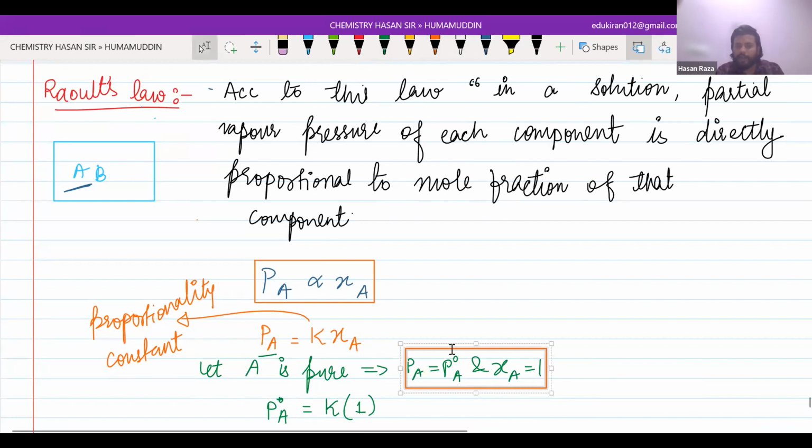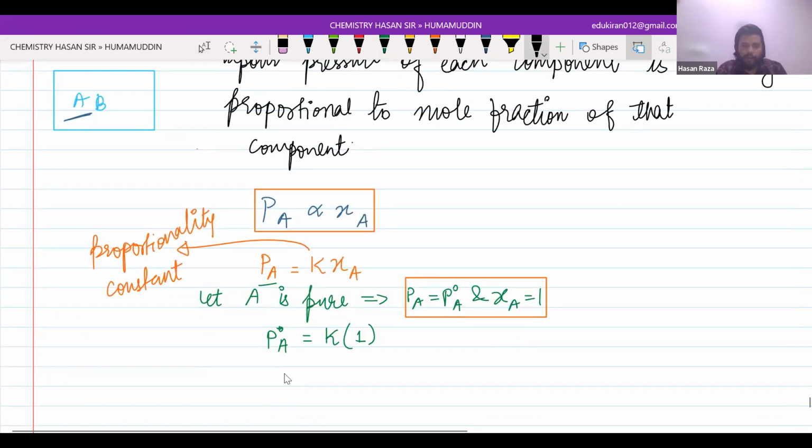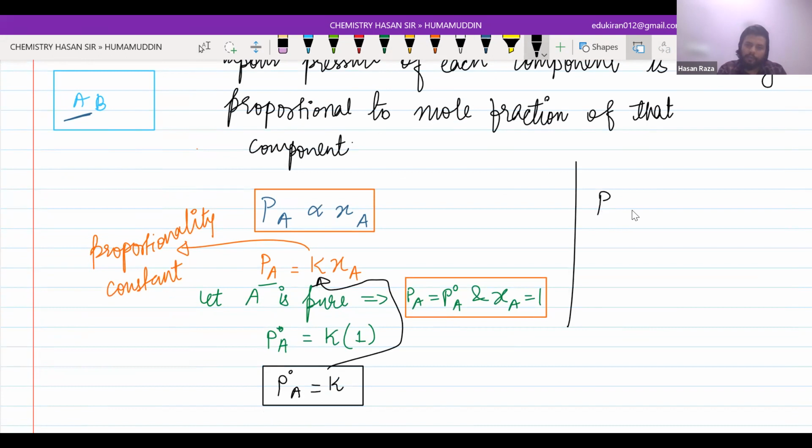So are you getting it all? When A is pure, that means PA is equal to P naught A, and the mole fraction of A will be equal to 1. Now, from this equation, you can see the value of K is P naught A. So we can replace K with P naught A, and we get a formula: partial pressure of A is equal to pure pressure of A into the mole fraction of A. In the same way, you can go for PB.